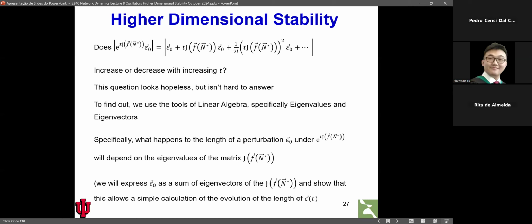This is the idea. If I have to take the Jacobian and apply it over epsilon naught, then I find the eigenvalues and eigenvectors of J, and then I expand epsilon naught as a linear combination, as an expansion in the eigenvectors, right? And then I can apply J to each eigenvector, which is much easier because then I'll be applying it to an eigenvector, right?